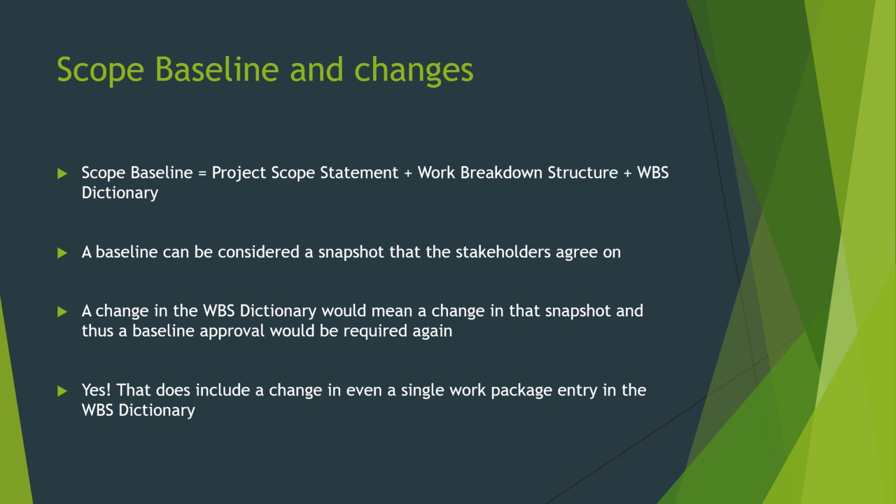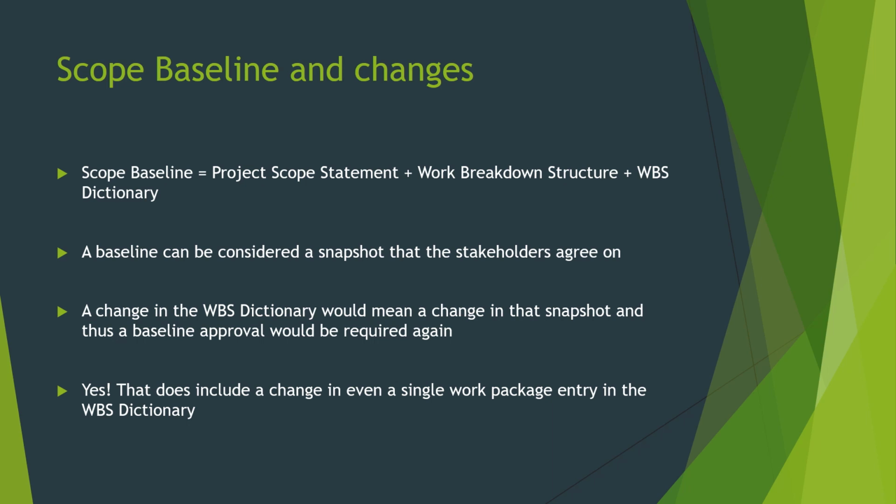In our previous videos, we have discussed how a WBS dictionary looks. In our last video itself, we talked about how you can keep certain fields of the WBS dictionary empty. If you're making an entry of a work package in the WBS dictionary, there are several fields that you need to fill in. You can keep certain fields empty if you are not sure about that information.